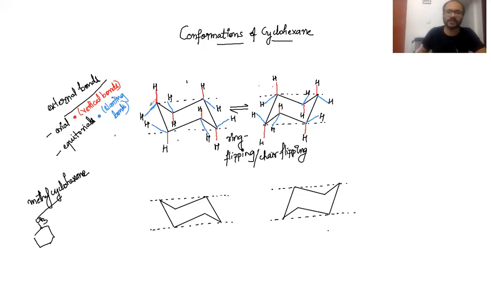That means one of the hydrogens can be substituted with the methyl group. So let me initially draw the axial and the equatorial bonds first quickly. Then we will try to draw the substituted forms. So here I have drawn at each bond. First I'm drawing the axial bonds. On both these conformations, probably I'll draw the structures.